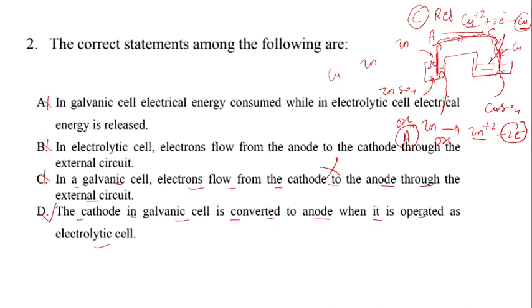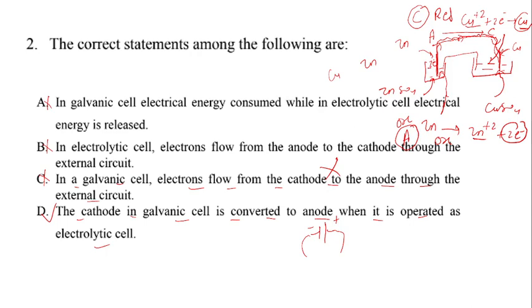Obviously, this is the right option, because when a galvanic cell is converted into an electrolytic cell, you are providing electricity from an outer source, minus and plus like that. So the terminals will be changed. The cathode will change into the anode, and the anode will be converted into the cathode. That's why option D is correct.